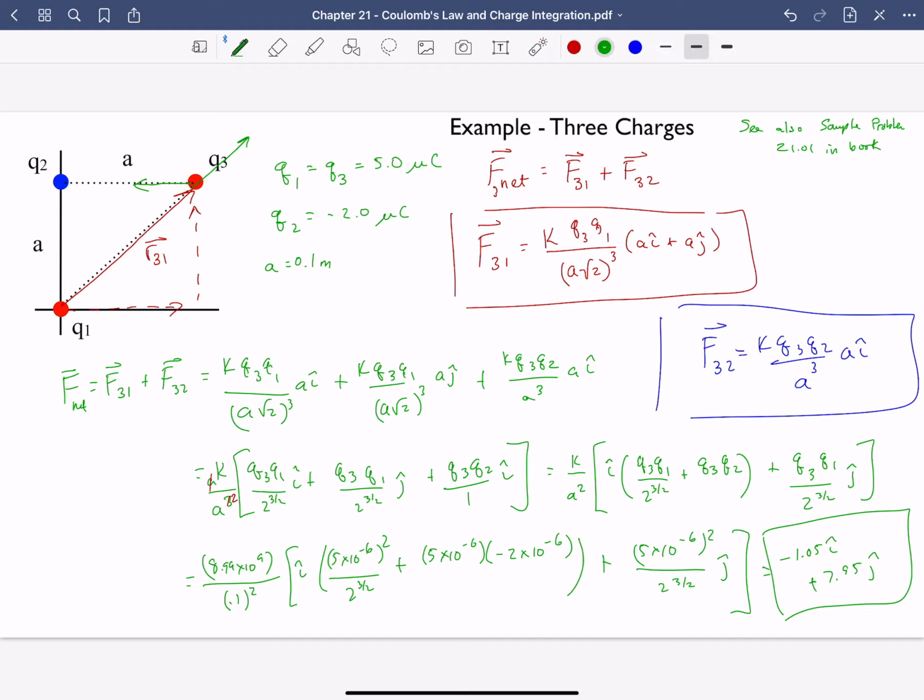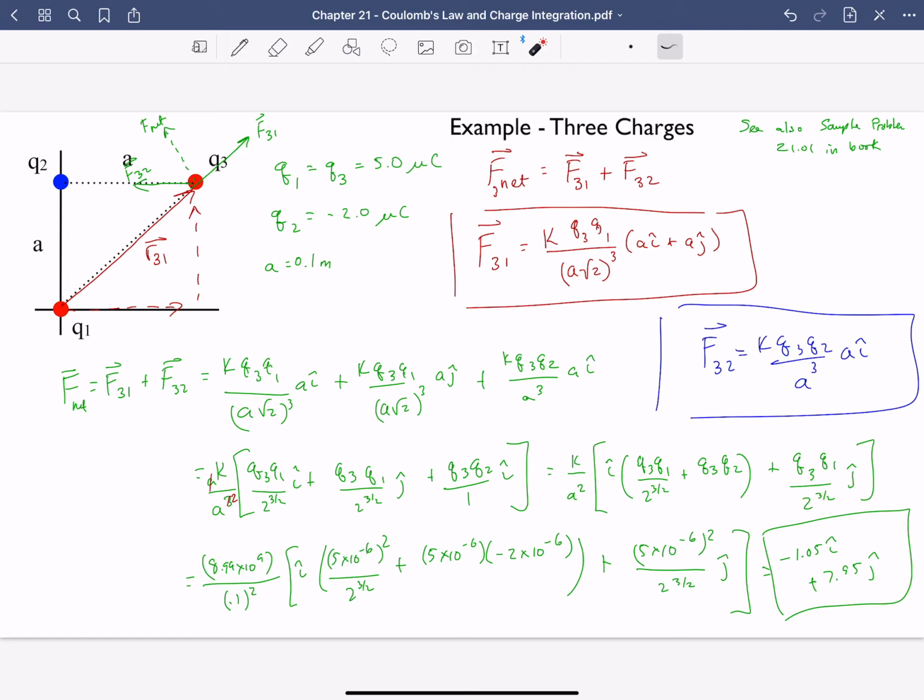If we add this vector to this vector, it should come as no surprise that we're going to get some net vector that points up in the negative x, positive y direction. And indeed, that's what we got down there. So I'm really liking the result that I got here. So make sure to go back and check.